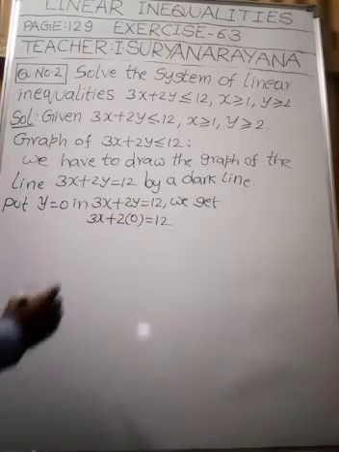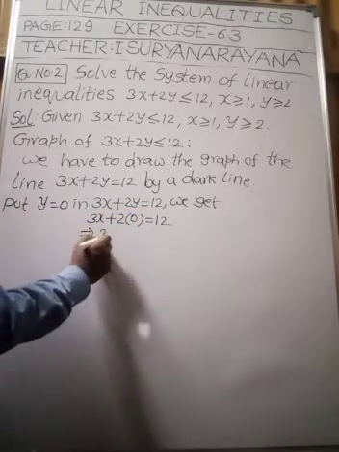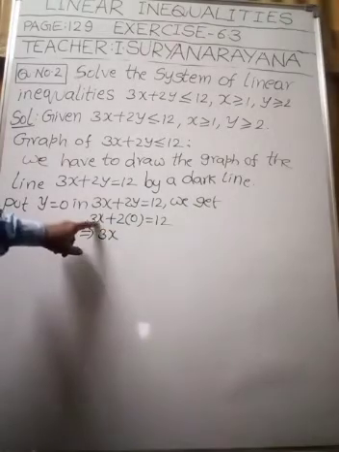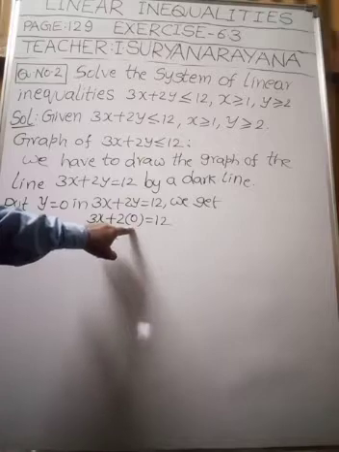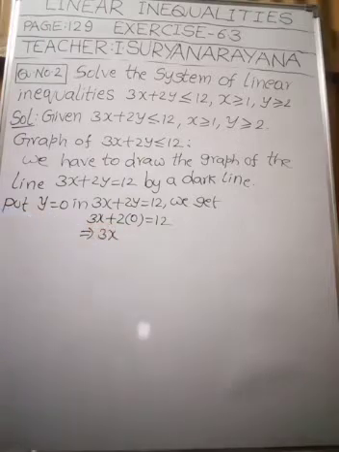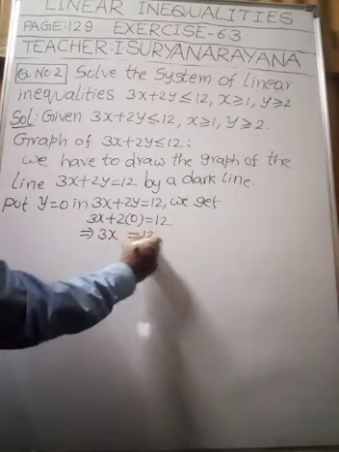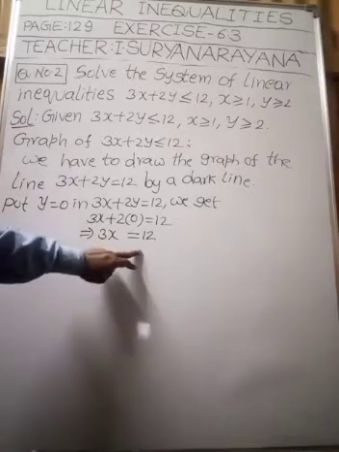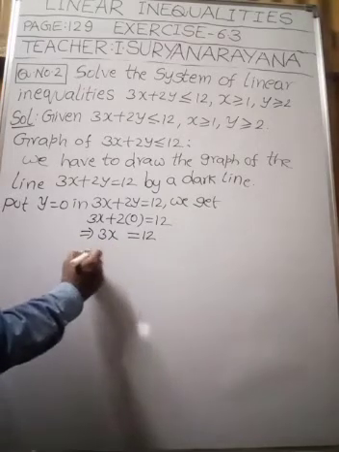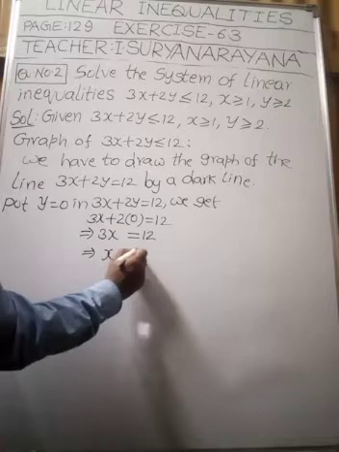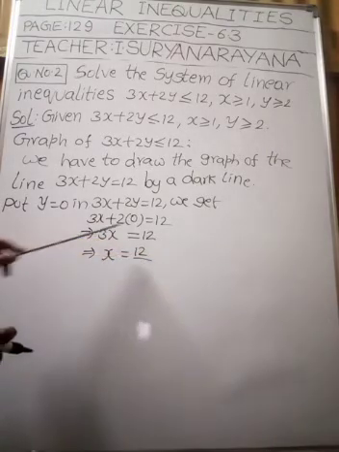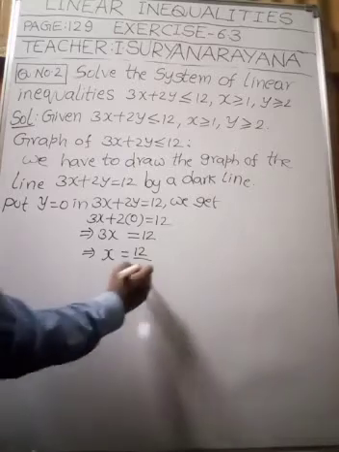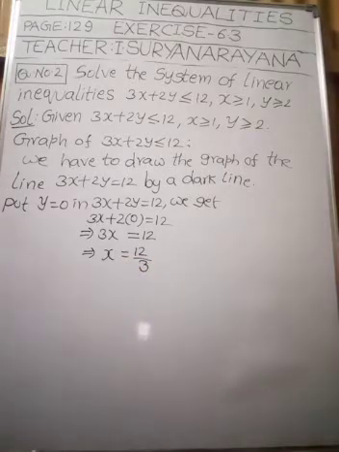Right. This implies I wrote the first term as it is. What will you get here? Second term, 2 into 0, is 0. So no need to write this second term. Is equal to 12. Understood this step, my children? Right. This implies x is equal to 12 by 3, as we are transposing this 3 to the RHS, then it becomes by 3. Do you remember this rule, my dear children?